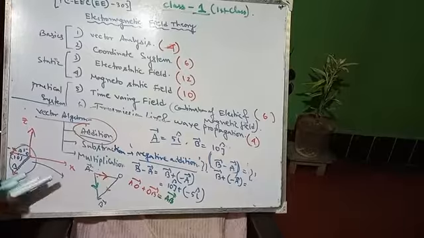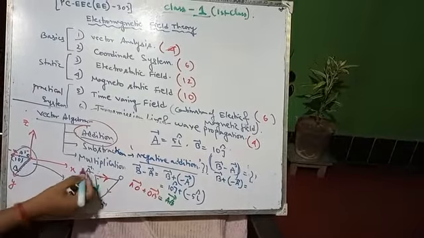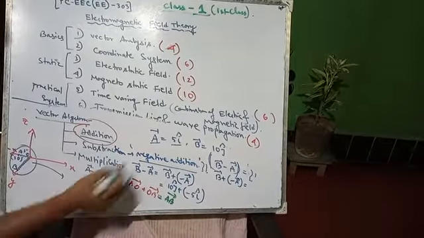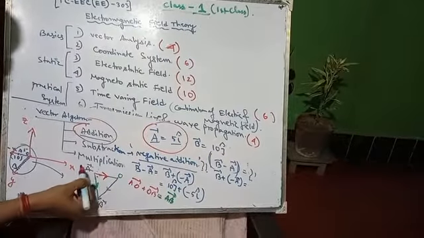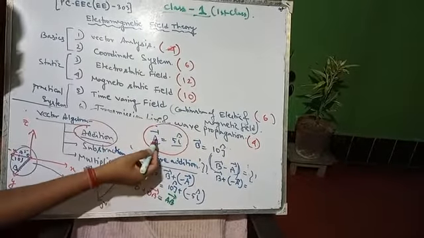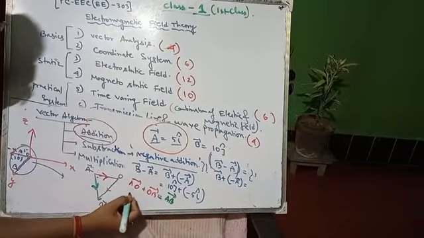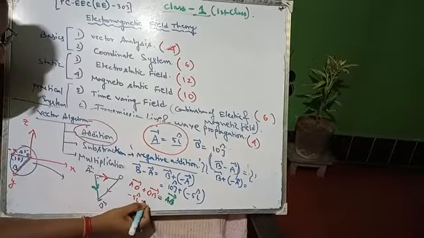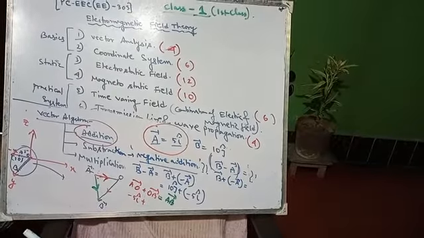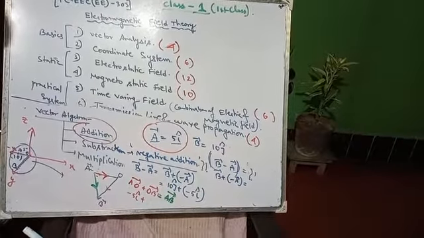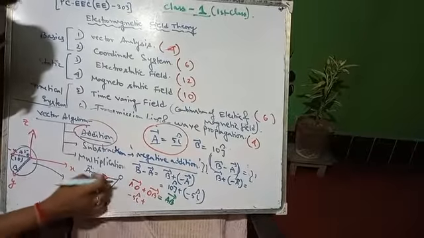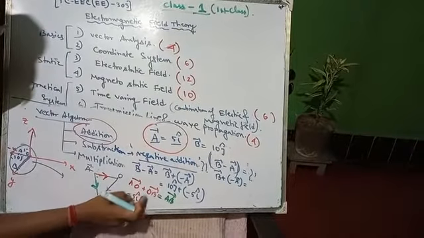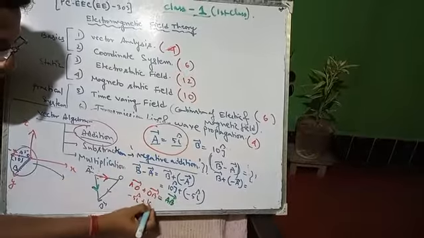So this is your addition. Now what is AO? If the A vector is 5 i cap, meaning OA, then AO means minus 5 i cap, plus OB means 10j cap.